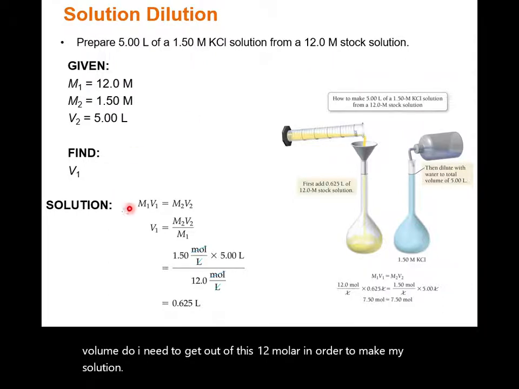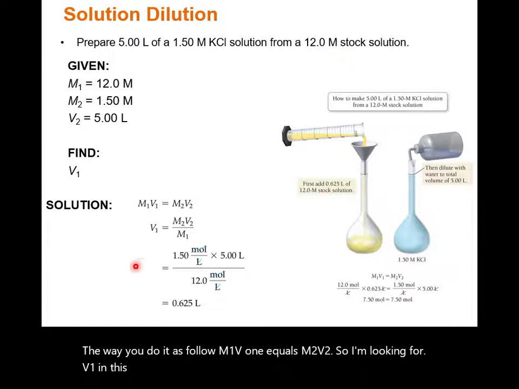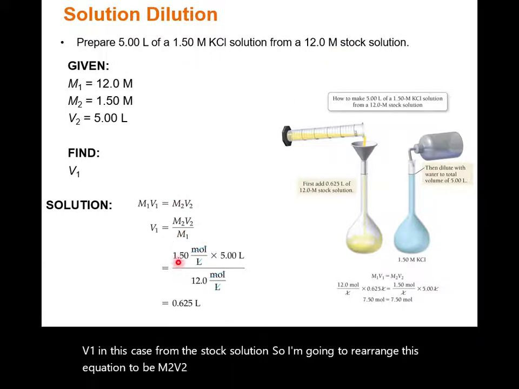The way you do it is as follows. M1V1 equals M2V2. So I'm looking for V1 in this case, from the stock solution. So I'm going to rearrange this equation to be M2V2 over M1. That would be 1.5 molar times 5 liters over 12 molar, which will give me 0.625 liters.